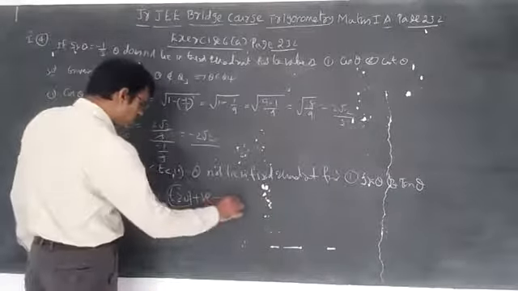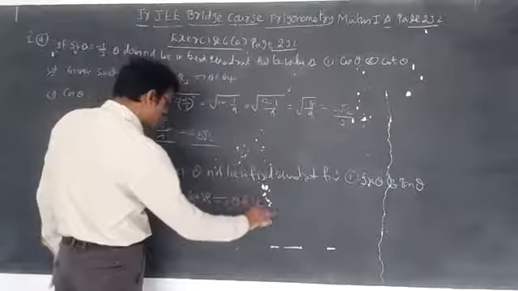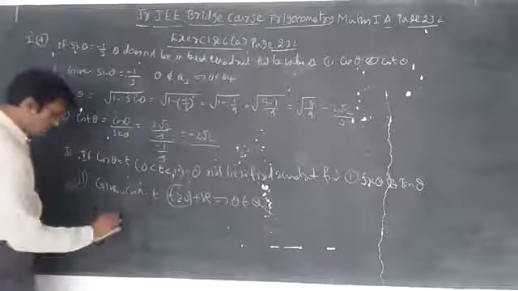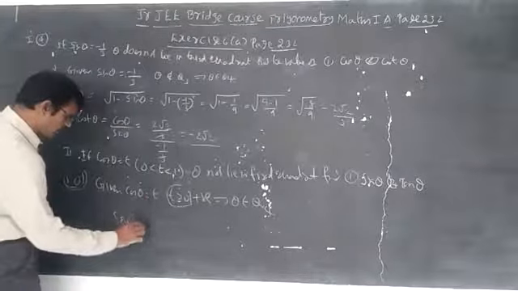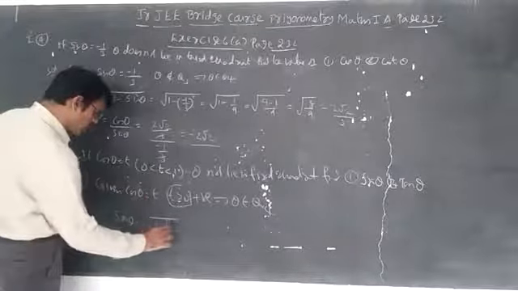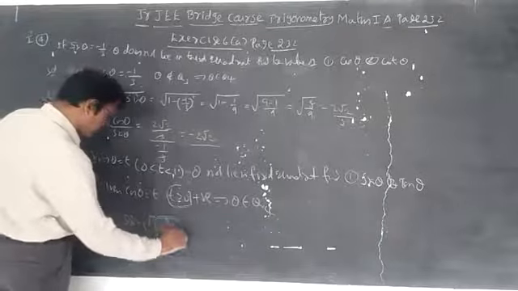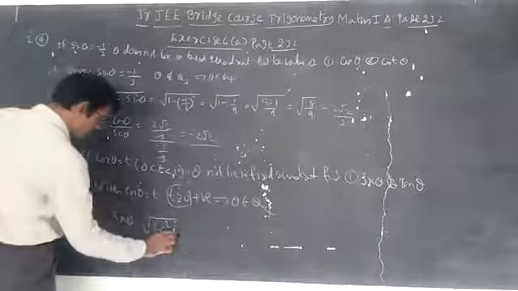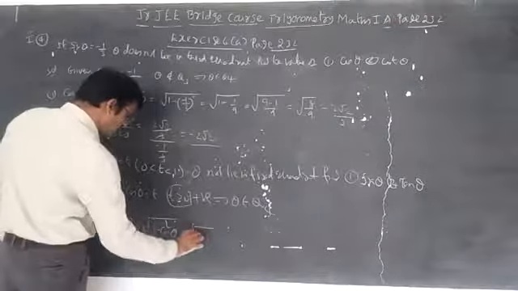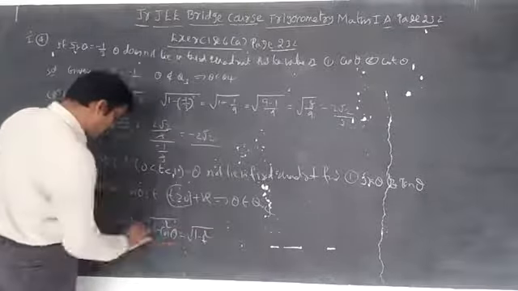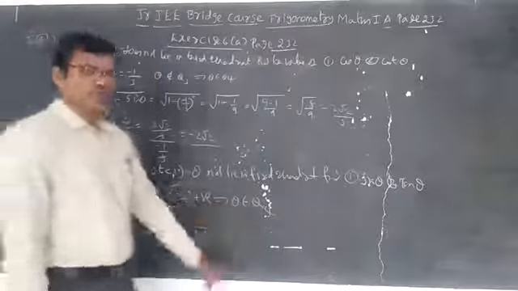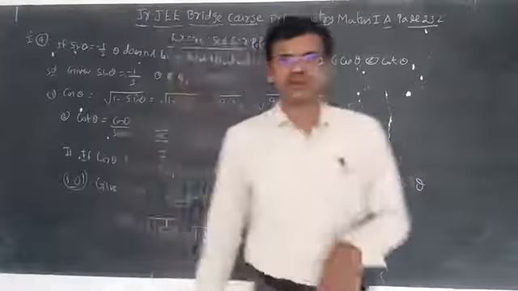That implies theta belongs to Q4 because cos theta is positive. Now you take sin theta. Sin theta is equal to root of 1 minus cos square theta, the formula directly. So directly you can write it as root of 1 minus t square. Put minus because in Q4 sin theta is negative.